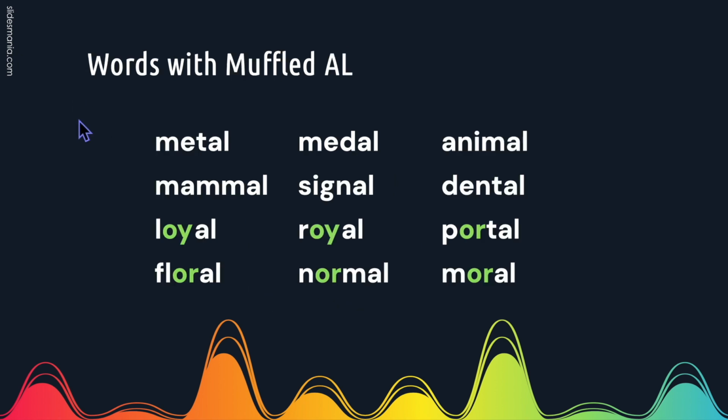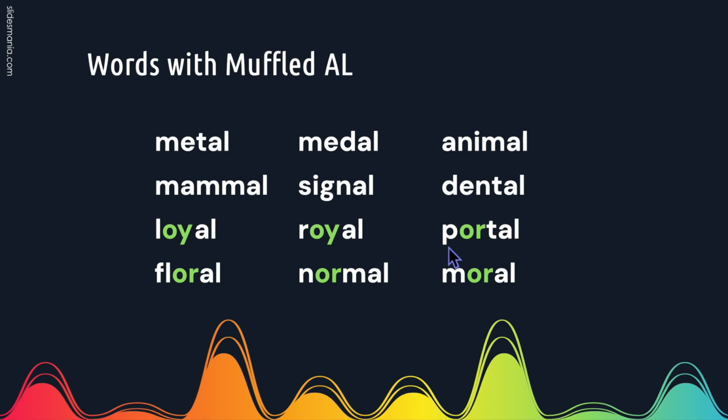Most of the time, words ending in AL have a muffled sound, where it won't sound like a clear owl, but will have a muffled schwa sound of ul, like in metal, animal, mammal, signal, dental. OY says oi: loyal, royal.